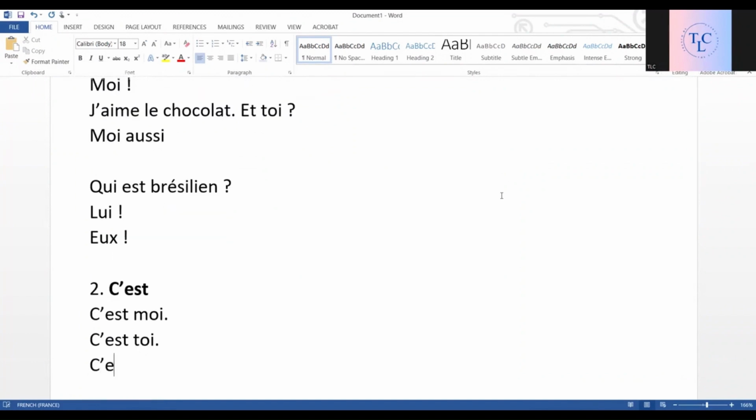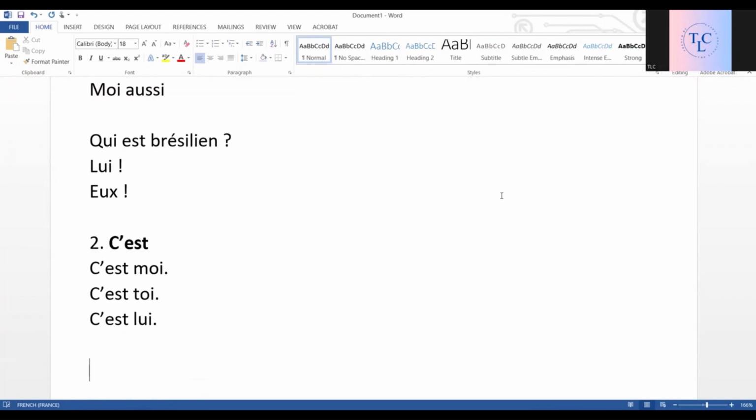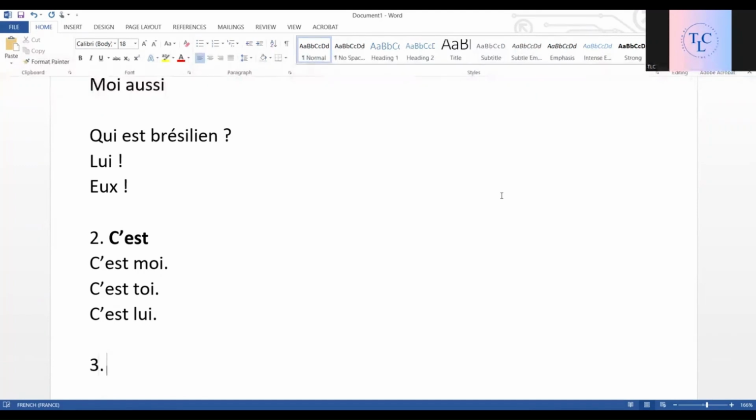That is also used to give answers. C'est lui, if you want to present someone, or present yourself, or answer with c'est, then also you use pronoms toniques after c'est. Any pronom tonique. C'est moi, c'est toi, c'est lui, c'est nous, c'est vous, ce sont eux. That way we use it.